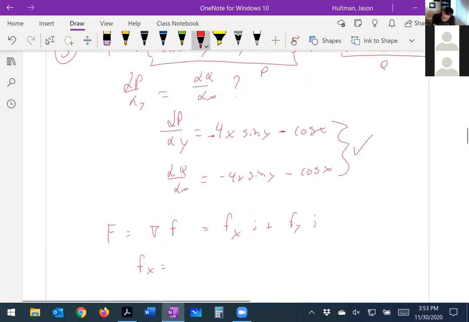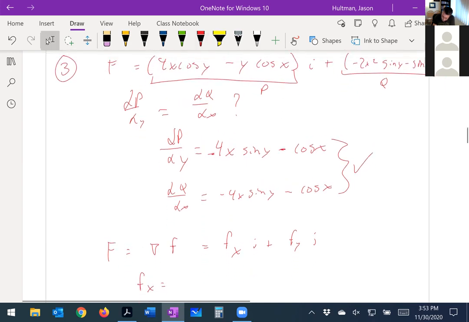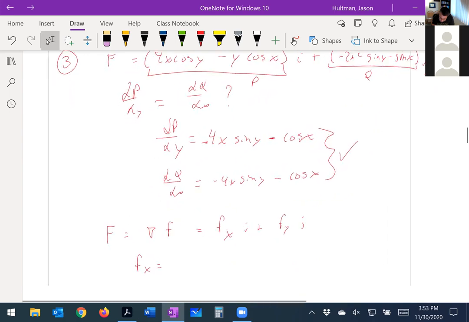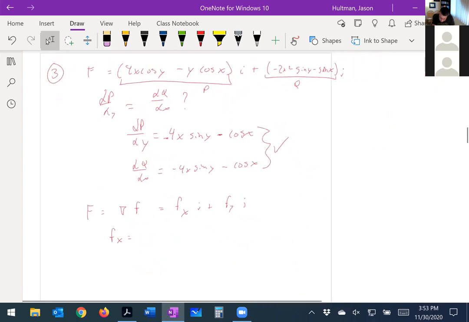Well, f sub x was equal to the original, so f sub x is equal to 4x cos y minus y cos x.